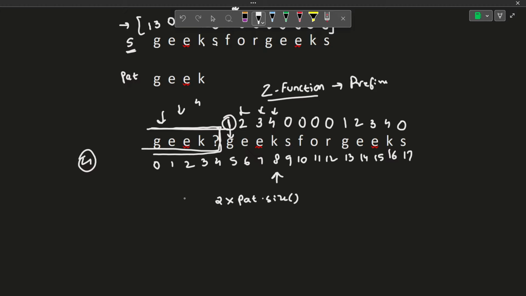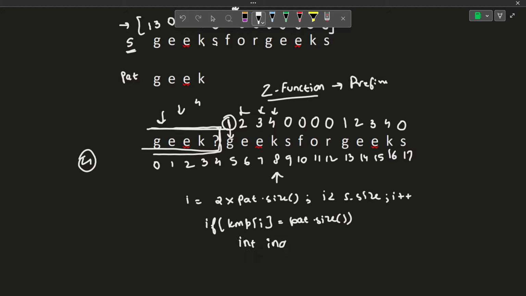So that is why we are going to start our for loop from this particular value, twice of pattern dot size, and we are going to go till less than string dot size, and let's say we do i plus plus, right? So if at this particular position, let's say if KMP of i, we are at a particular index, is equal to pattern size, right? That means we have found the pattern itself. Then in this particular case, we are going to push back some value to our answer. So let me just calculate that index.